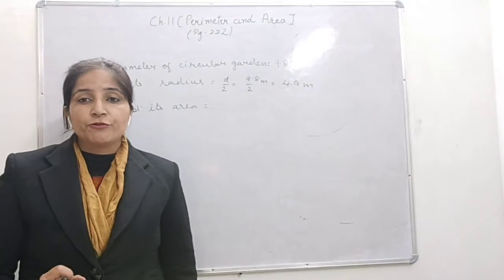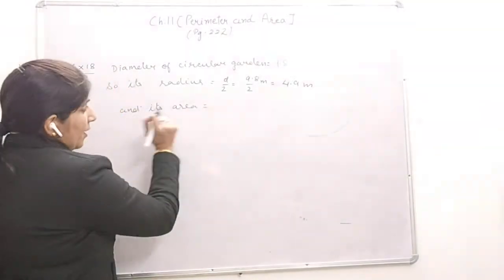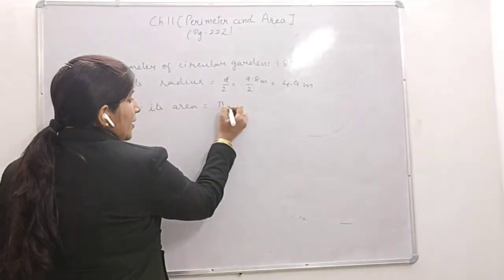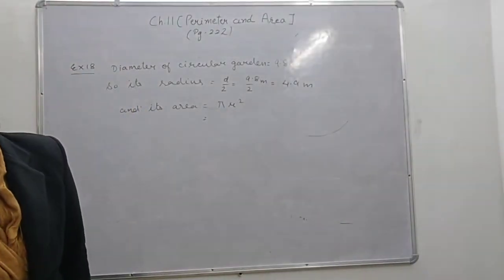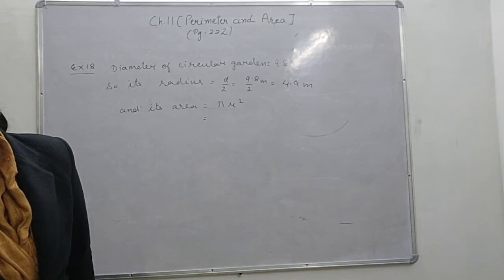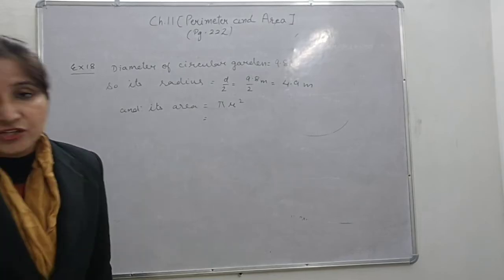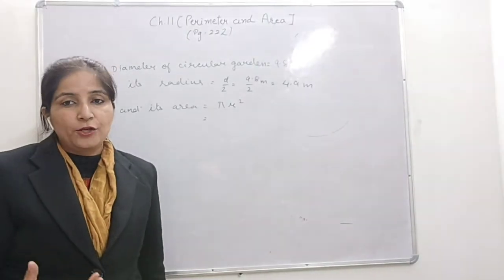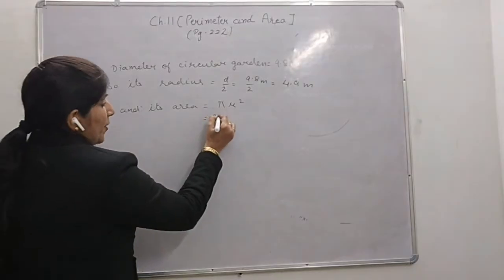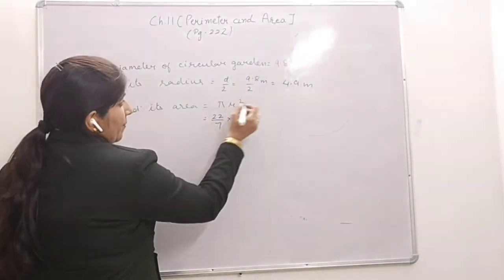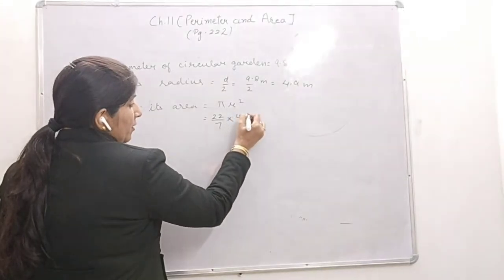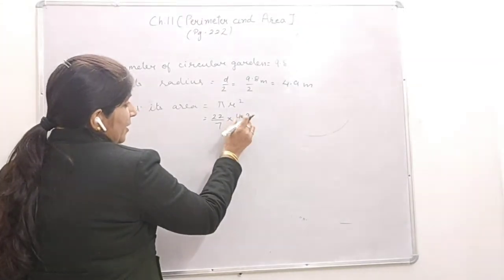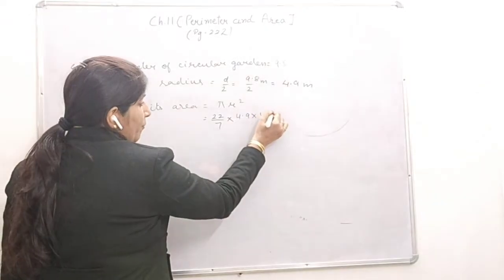Now the motive is to find the area. So area equals pi r square. The value of pi for this question is not given, so we can apply any of them. We are putting 22 by 7 multiplied by r square, which means 4.9 multiplied by 4.9.